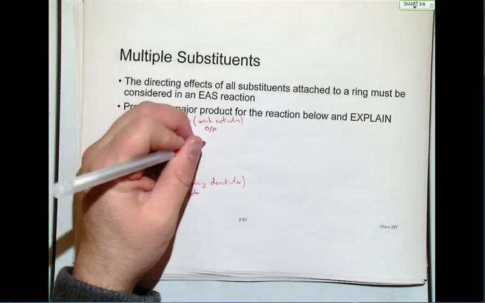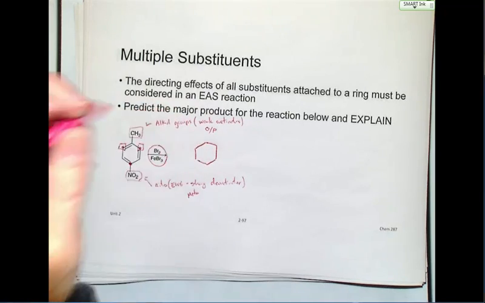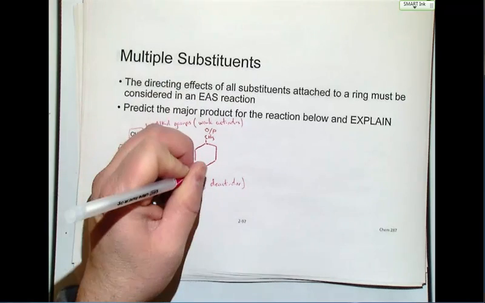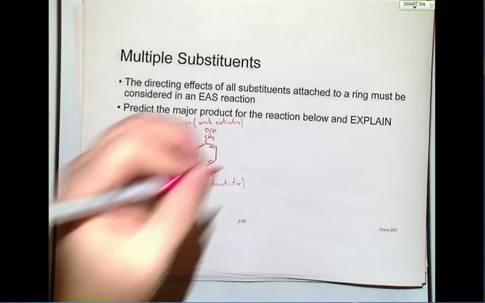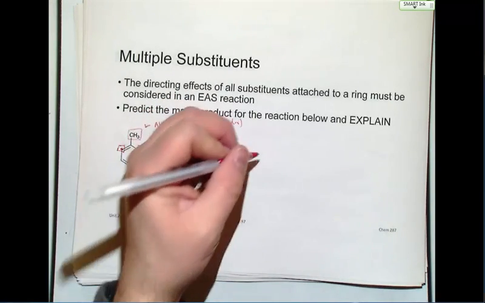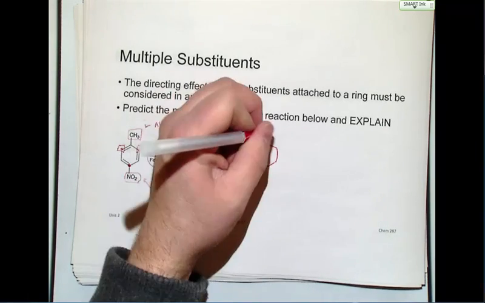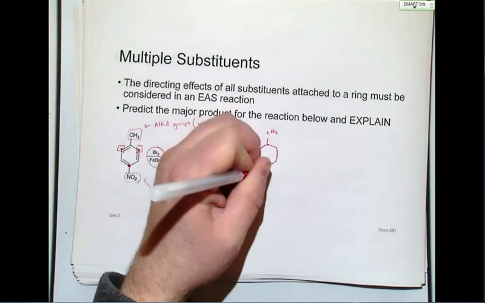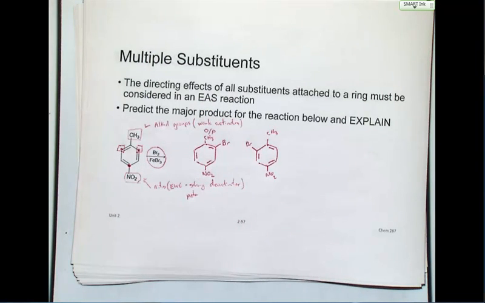So our product, we would predict the major product would be this. Is there any difference between this and that?